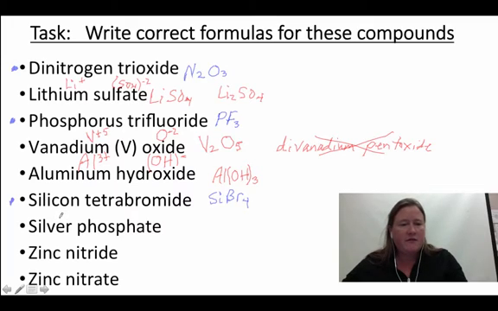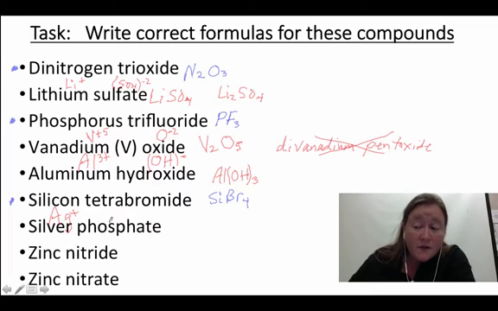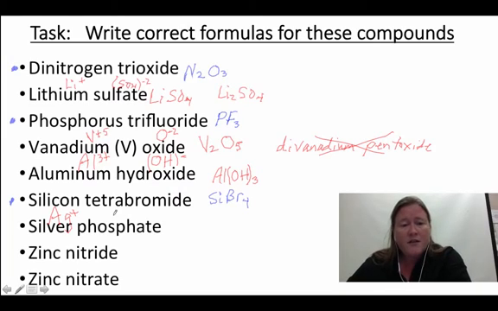Silver phosphate. Silver is Ag with a +1 charge. Phosphate. Again, it ends in ate, probably one of those polyatomic ions. Looking at my cheat sheet, I see in the 3rd column phosphate, and the formula is PO4 with a -3 charge.